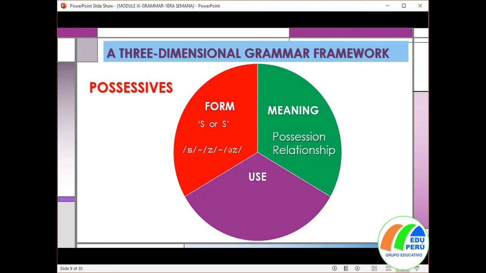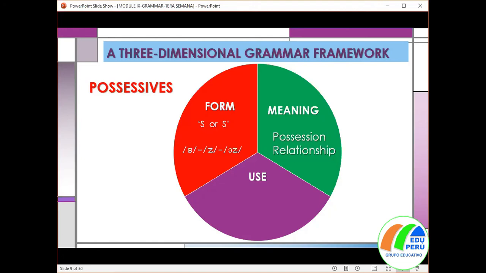Not just to express possession. You can express relationship. You can express amount. You can express part and whole, or whole and part. Notice we have different meanings for this structure. Notice this is the meaning for the structure.